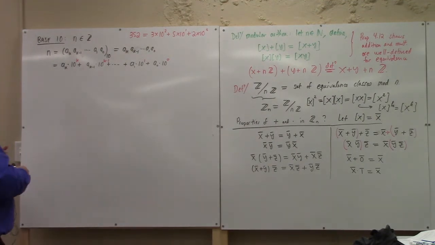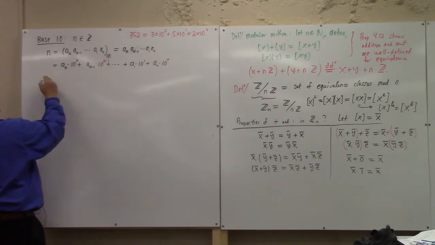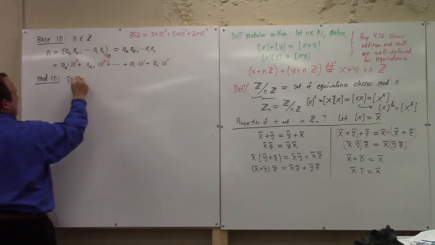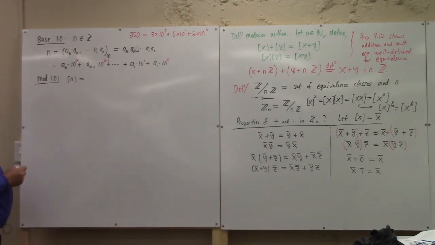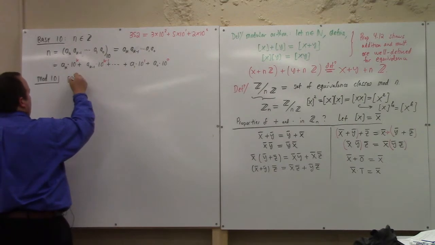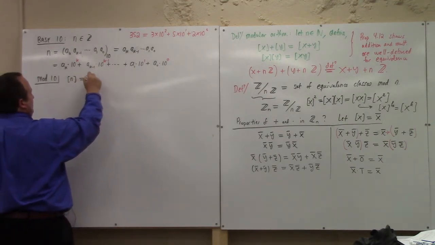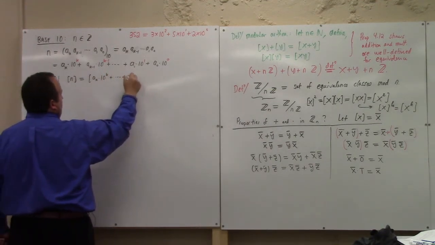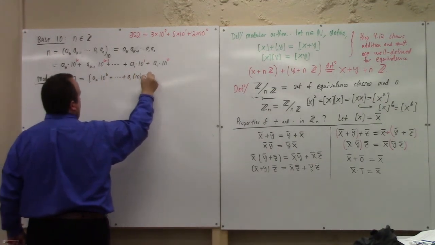So let's think about this. What if we want to look at mod 10? We've got a_k times 10 to the k, down to a_1 times 10, plus a_0.